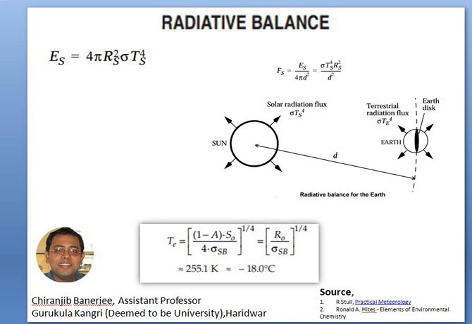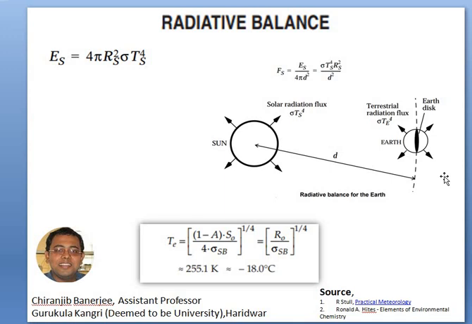Now this Fs is intercepted by the earth over a disk of cross sectional area pi r square, represented by the shadow area, this black area. Another concept we need to understand is albedo, which is the reflective index. Whatever radiation the earth receives from the sun is not completely absorbed.